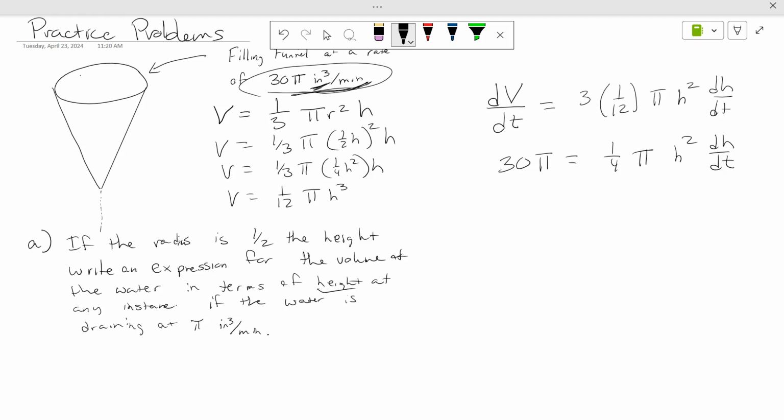So let's do some simplifying here. What can we simplify? The pi's cancel. Multiply by 4. 120 is equal to h squared dh/dt.